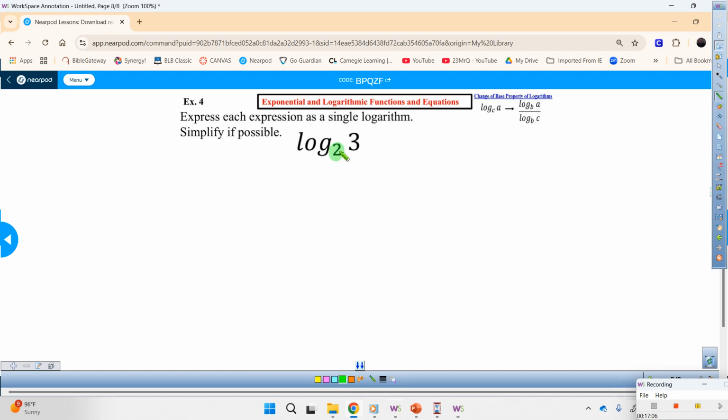The base of the log is 2. The given number is totally different. There is no exponent on the given number. Okay, so what do I do now? I make a division using both of these. So I'm going to do log 3 over log 2.